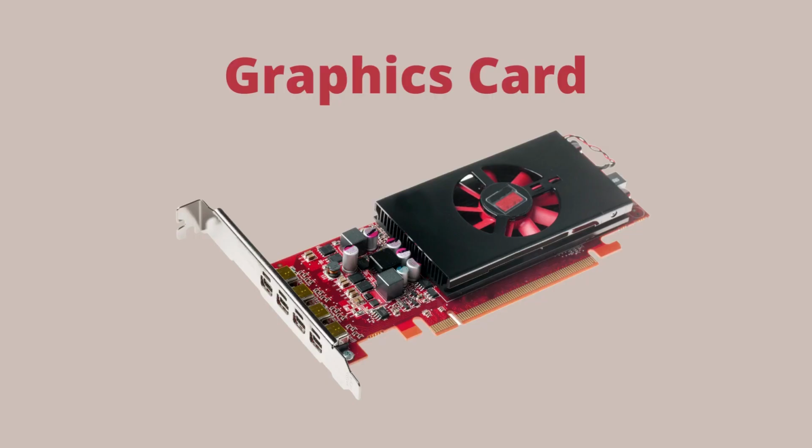A graphics card processes the data from the motherboard and sends the appropriate information to the monitor for it to be displayed. It can do so using an HDMI, DisplayPort, DVI, or VGA connector. A graphics card can also be referred to as a video card or a display card. It takes the burden of all the video processing from the main CPU. This gives a computer a big boost in performance.